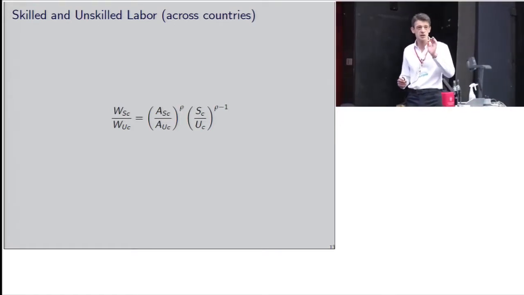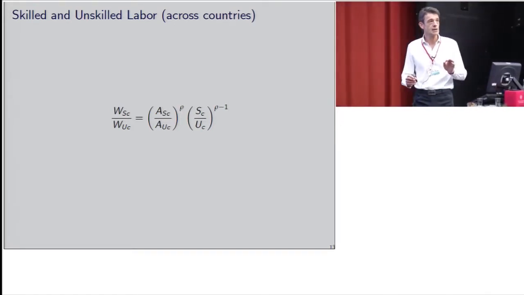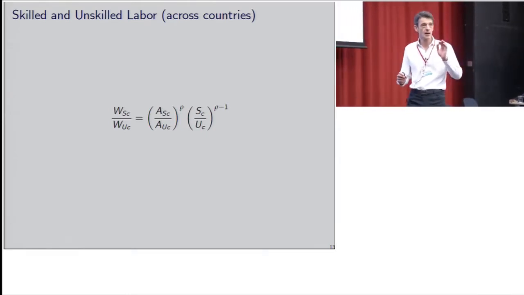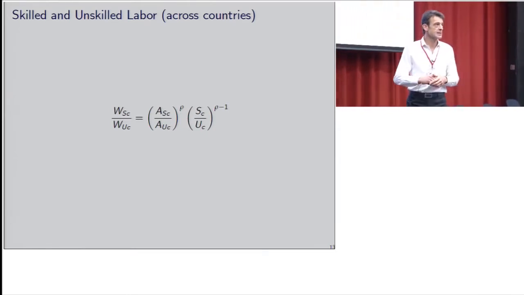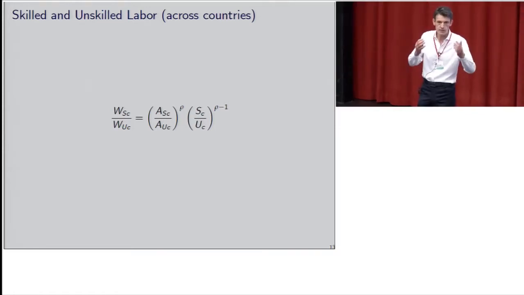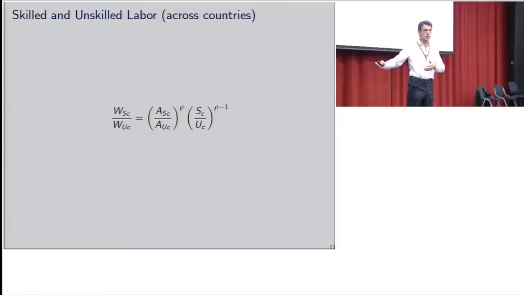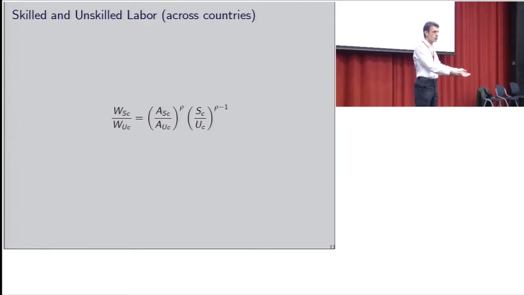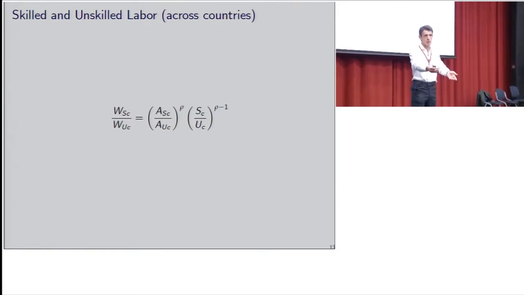So for skilled and unskilled labor, I'm going to take the Barro and Lee data, inevitably, which divides the labor force into many different schooling attainment groups, from zero schooling to some primary, from primary completed and so on.